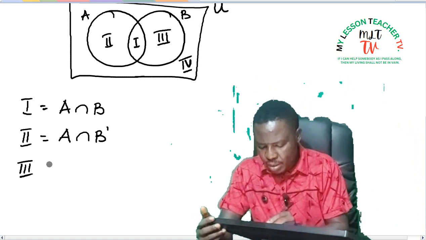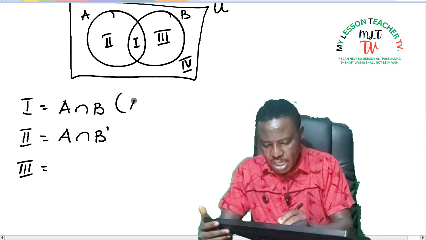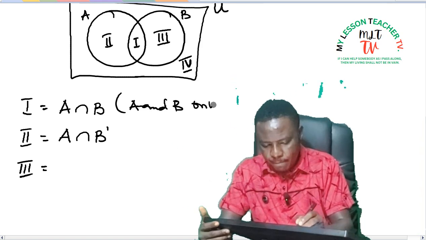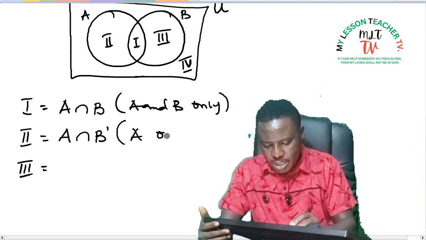Region 3, so this I can write as A and B only, while this can be said to be A only.